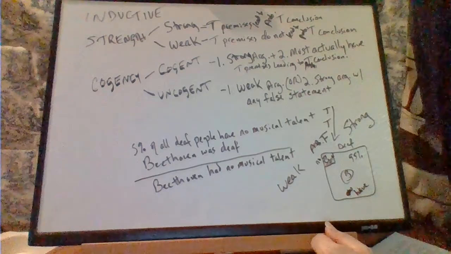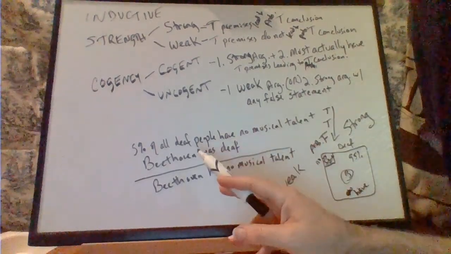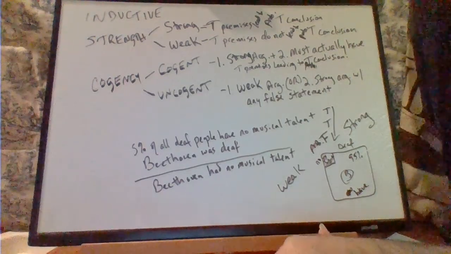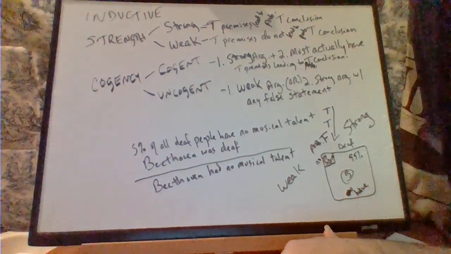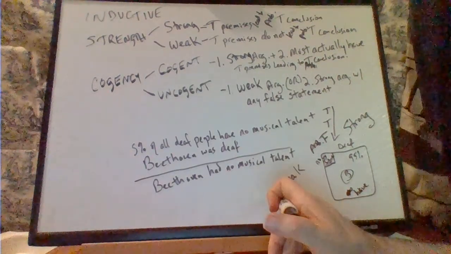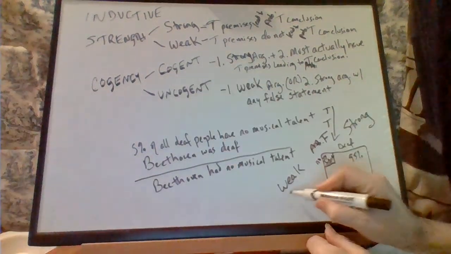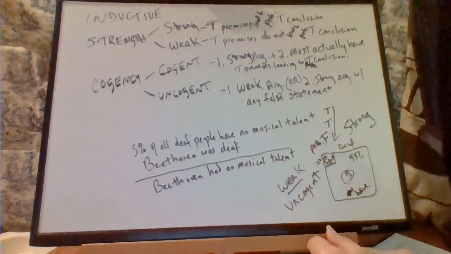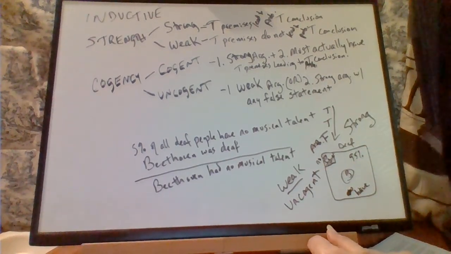So the argument that I had presented to you here: 5% of all deaf people have no musical talent. Beethoven was deaf, therefore Beethoven had no musical talent. We saw that was a weak argument. It's weak, so it's automatically uncogent, because all weak arguments are uncogent.